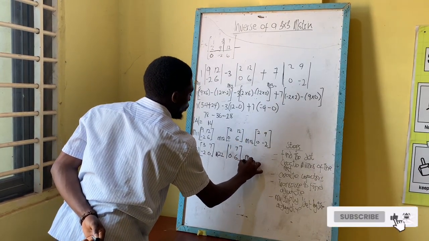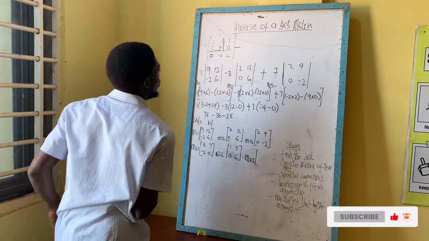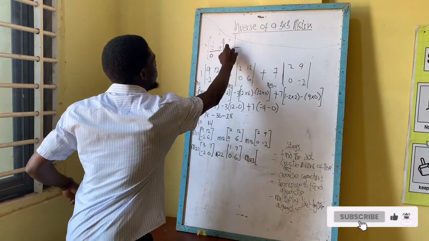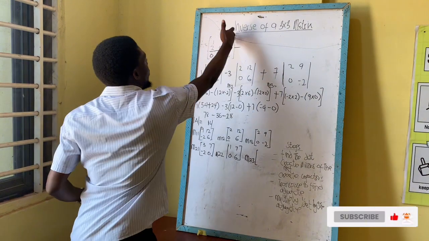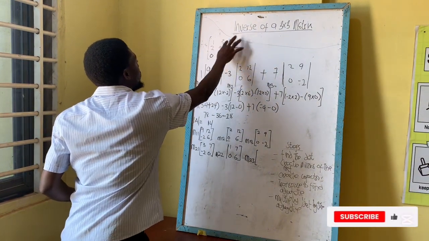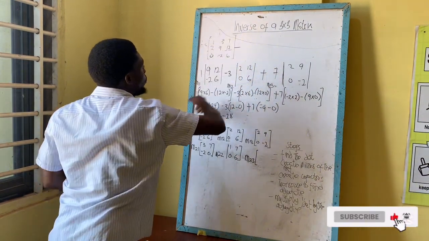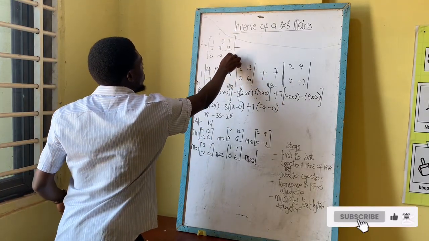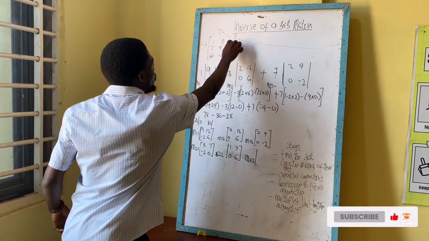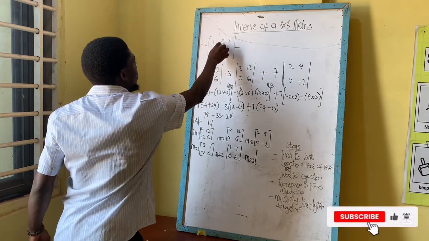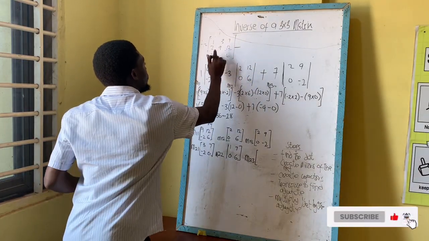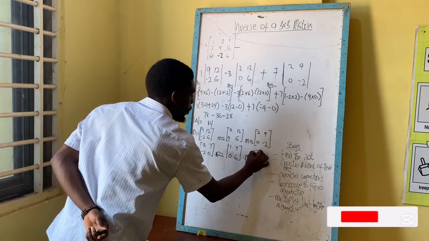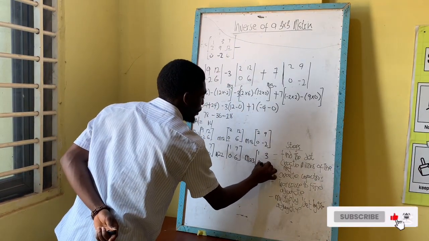Then we have minor 2,3, which also gives us, mentally delete the second row and the third column. So we will be left with this and that. So we have 1, 3, 0, minus 2.